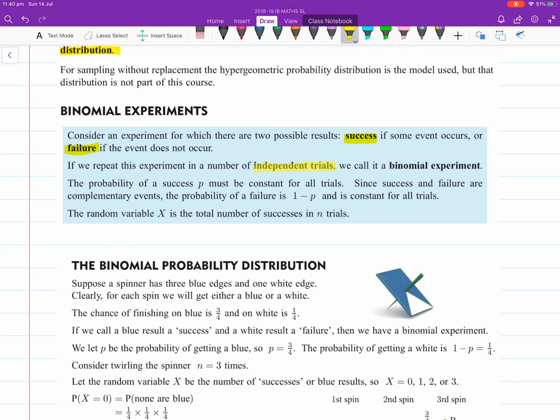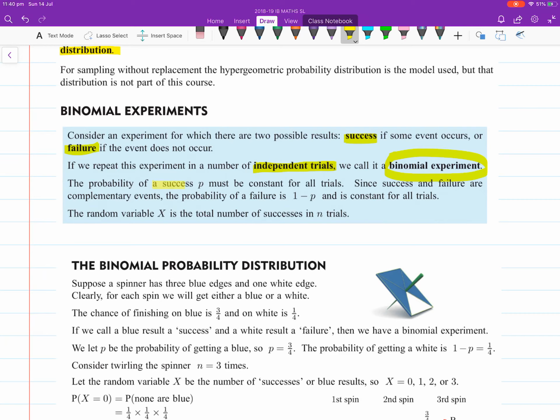We call the trials independent trials because you put the number or the marble or the ball back in, so it starts from scratch again. So the second and third trial does not depend on what happened last time, because you just start from the beginning again. So this is called a binomial experiment, okay?